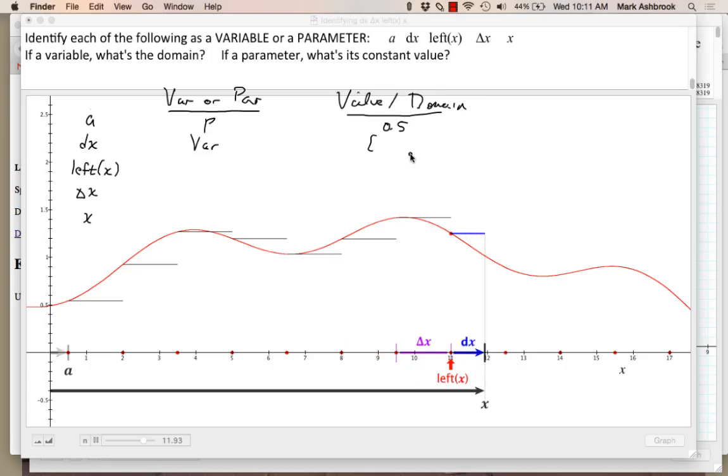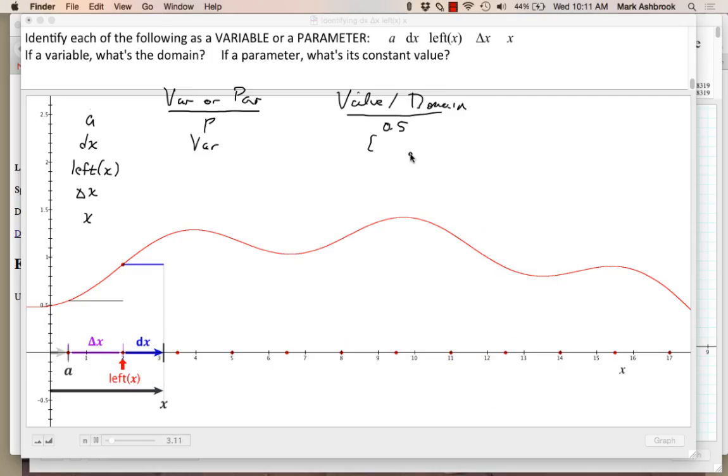It's always starting here, and then increasing to there. Do you see what the domain of dx is? It starts, then increases, then starts over. So what is it starting from? What's its minimum value? It's a distance. 0, right? 0.